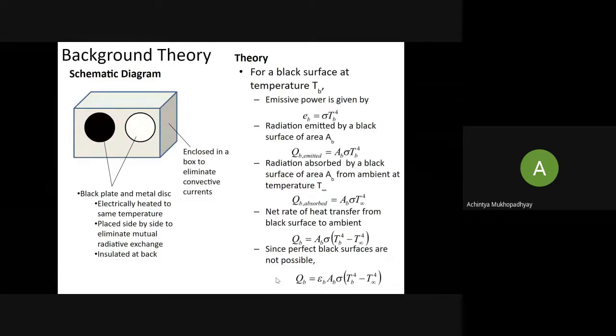So what you should be doing is measuring the exact energy emitted by the surface, that is sigma T_B to the power 4, and if you know T_B, you know Q_B. If you can measure Q_B directly, how much radiation is happening.